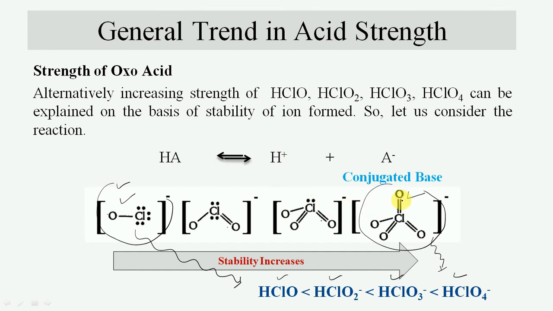Similarly, in this series, this ion is the weak base because it has the maximum stabilization, so its conjugate acid is the strongest acid. Thus the acidic strength of these acids will increase in this order. This acid is the weaker acid and this acid is the strongest acid.